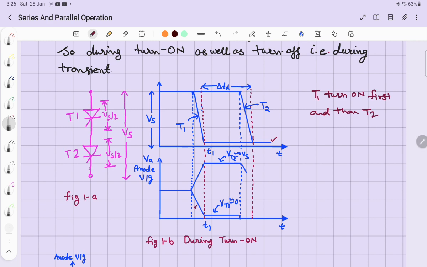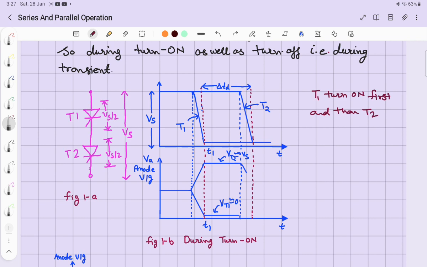Here you can see the characteristic. Anode to cathode voltage is dropping and comes to 0 for thyristor T1. At the same time, anode to cathode voltage across thyristor T2 is increasing, and the entire voltage would be shared by thyristor T2. So it would share the entire string voltage the moment T1 is on.